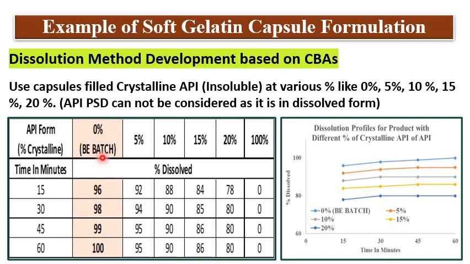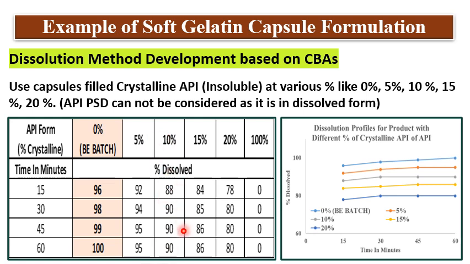Now when 100% API is present in the solubilized form, the dissolution shows 96% release in 15 minutes, and that continues to 100%. If 5% crystalline form is there, it is coming around 92%, and the last is 95%, so this 5% is reflected here.